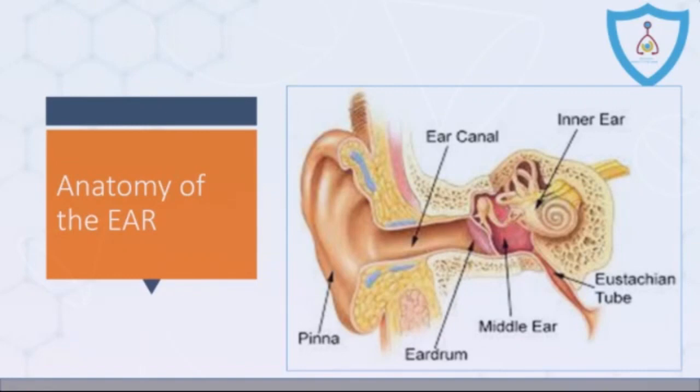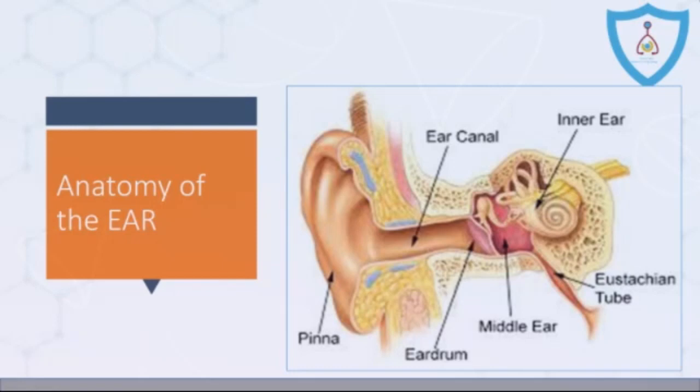So the external part that we see is the pinna, and of course the pinna has got different structures that you can check out. And the pinna is a funnel-shaped organ that is cartilage coated by skin, and the function of this is to pick sound waves and direct them to inside the ear.